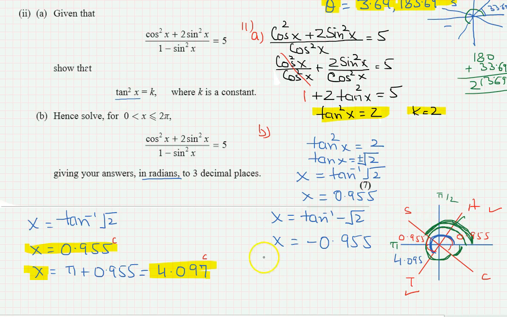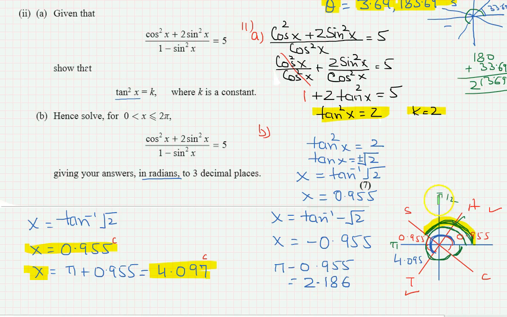So this angle, highlight it, that will be pi minus 0.955. So to 3 places of decimal, 2.186.